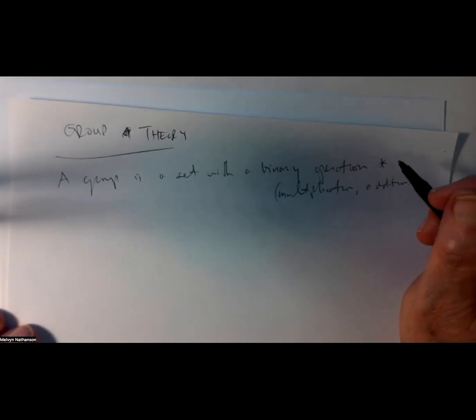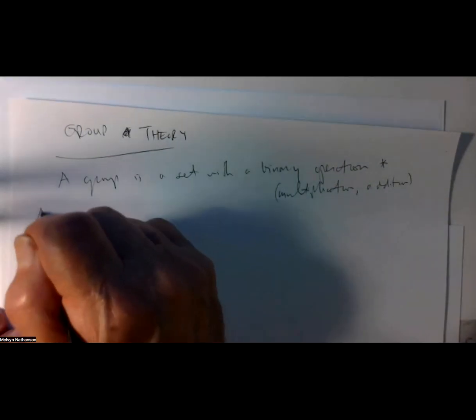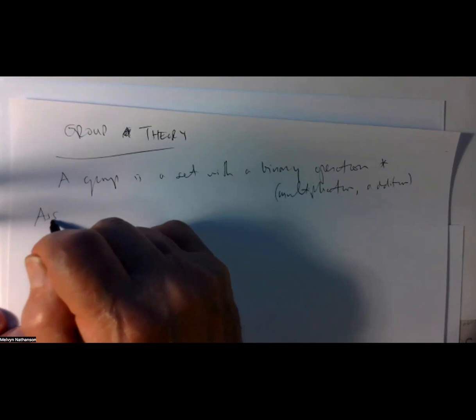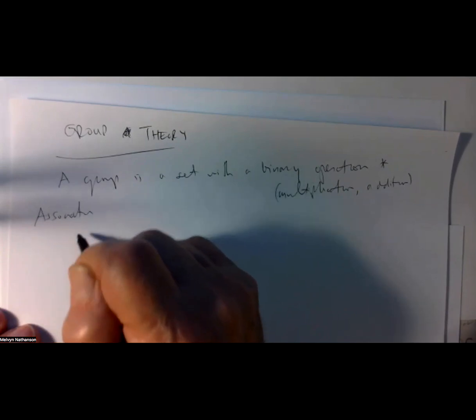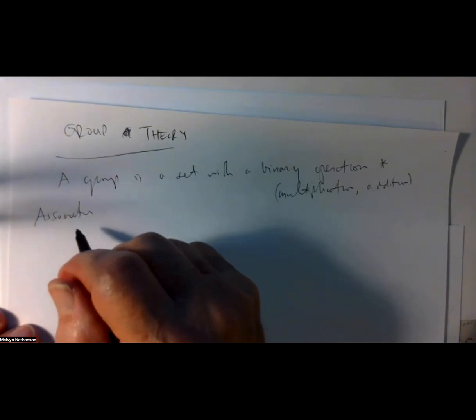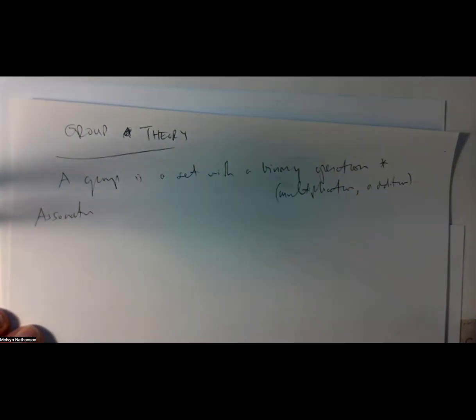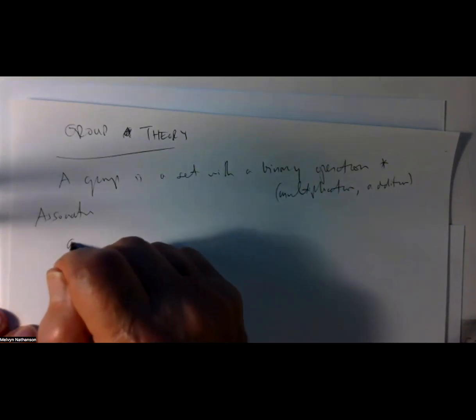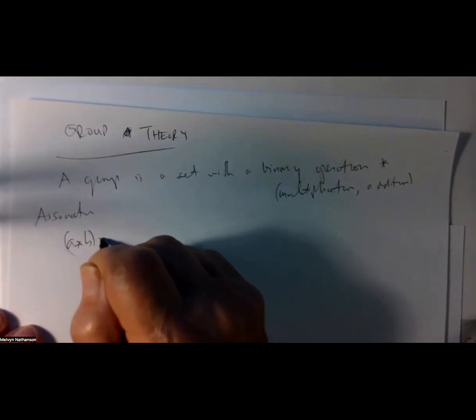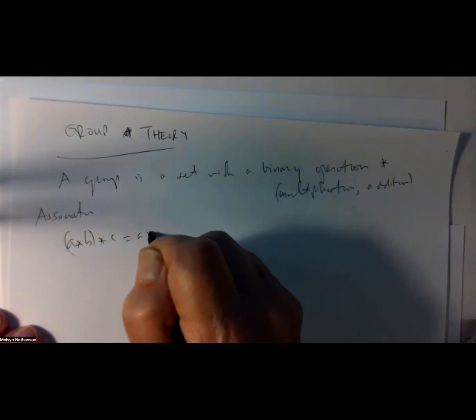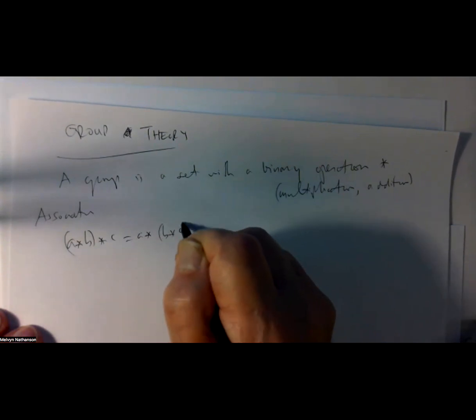And it has the following properties. So it's associative: A star B star C is the same as A star (B star C).